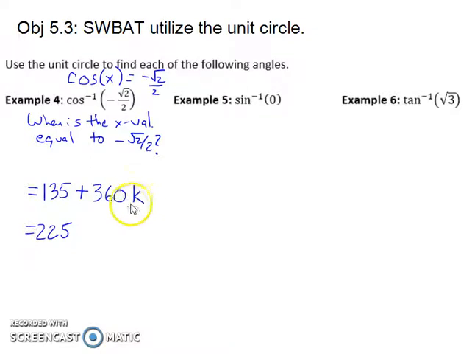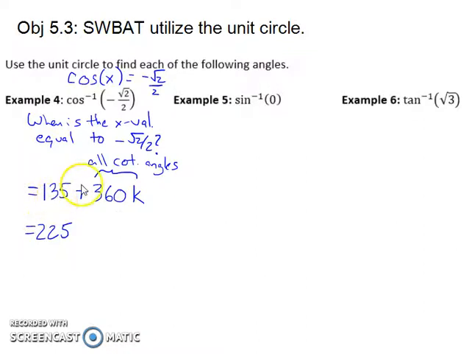I don't really know who came up with k, but what this represents is 135 degrees and all coterminal angles. If k is 1, that means you're adding 360 once. If k is 2, that means you're adding 360 twice. If k is negative 18, that means you're subtracting 360 18 times.